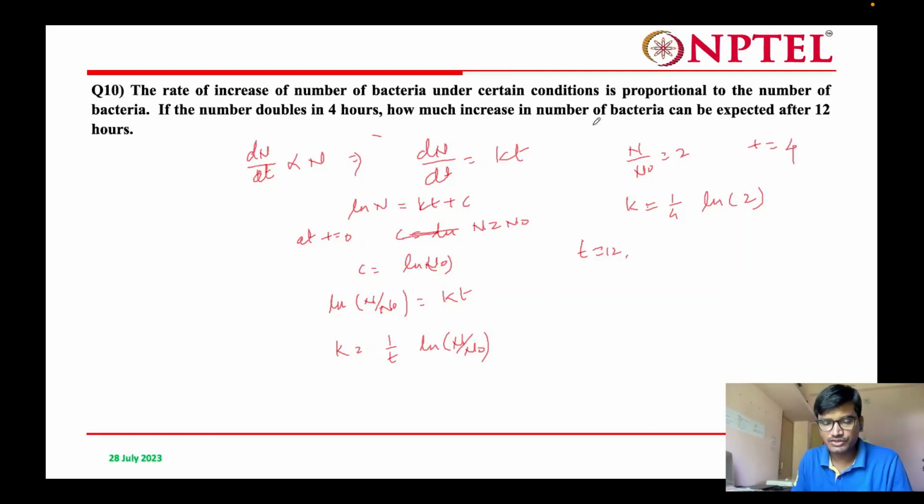This is our additional question. N by N naught is equal to exponential of kt. Right. So here is the k value. Put the relation, t.